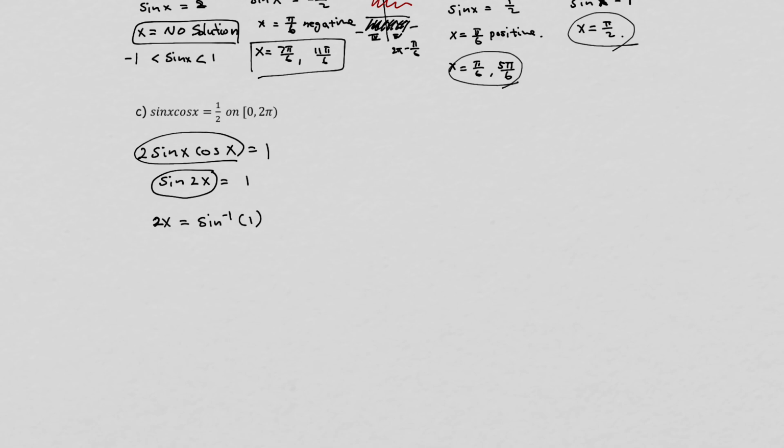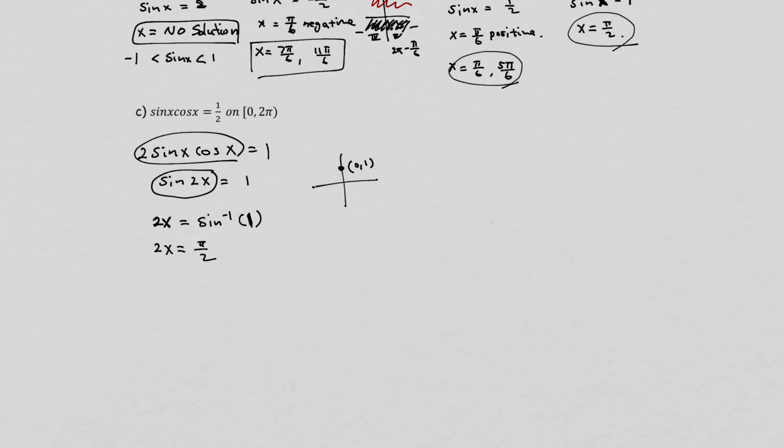So this means which angle has sine value 1, right? And then this gives you 2x equals pi over 2, right? Y value 1 is pi over 2. Again, this is y value 1.